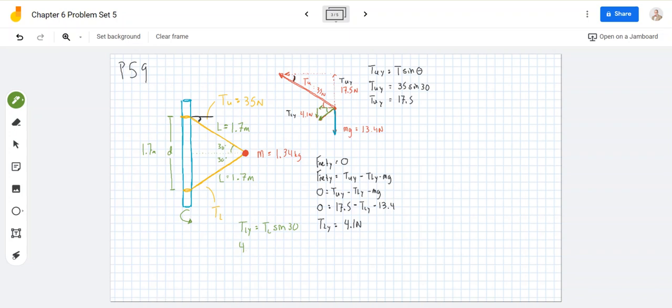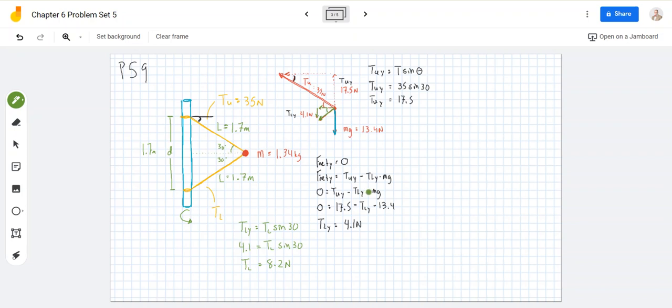So this is 4.1 is equal to T lower sine 30. So that tells me that T lower is equal to 8.2 newtons. Now again, I'm using G is equal to 10 here, so if you're getting something else, it should be in the 8 range though, probably somewhere between 8 and 9. So that's how to get the T lower.